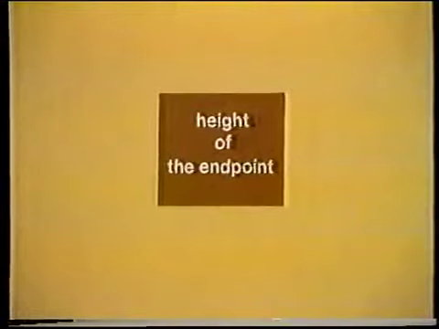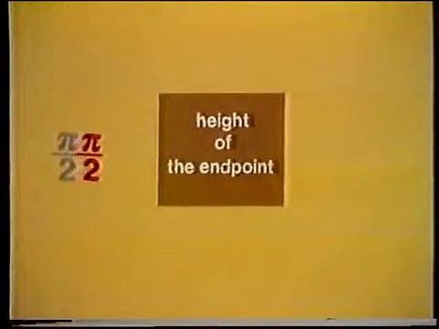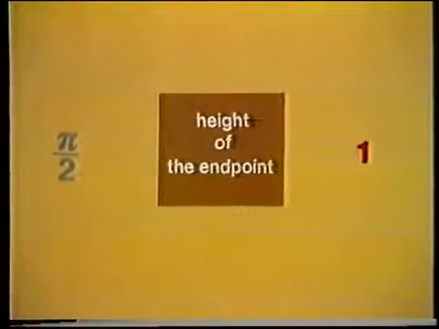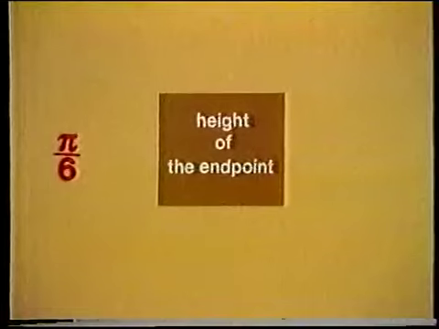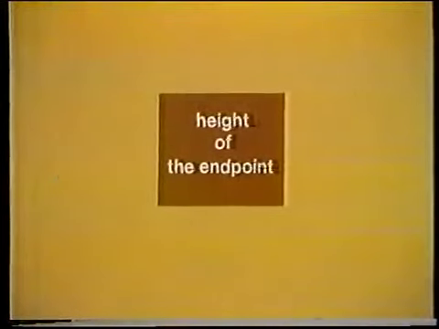For rotating the rod, the height depends on the angle. If we feed in pi over 2, the function processes it and produces the number 1. Different angles are processed to give different heights. And the same sort of thing happens with the temperature function.